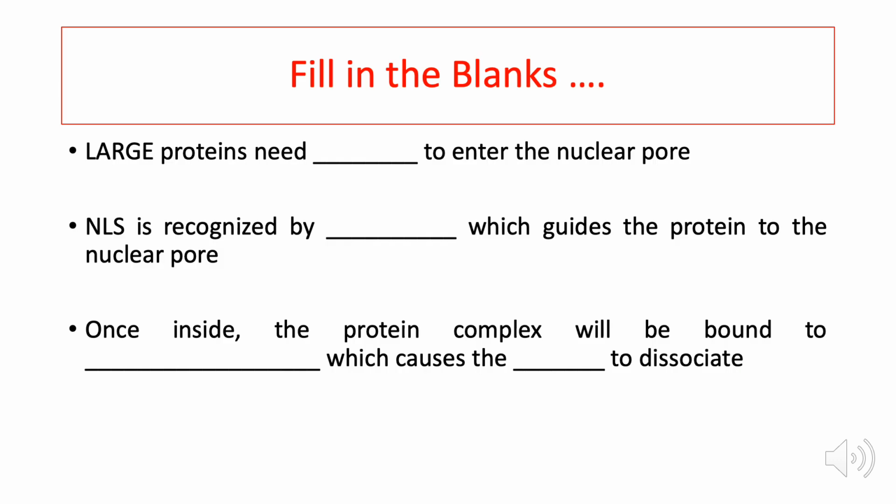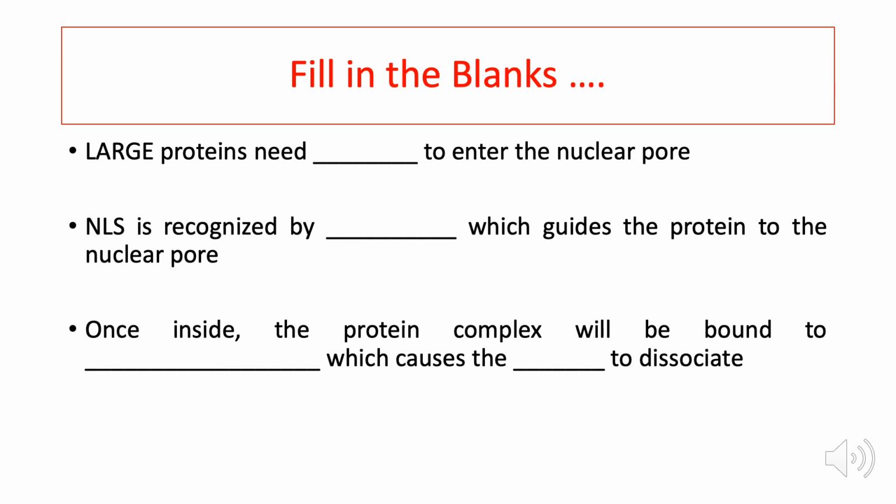So I want you to fill in the blanks. Large proteins that are destined to go inside the nucleus need what before they can enter the nuclear pore? Nuclear localization signal. Some books would call it nuclear localization sequence.